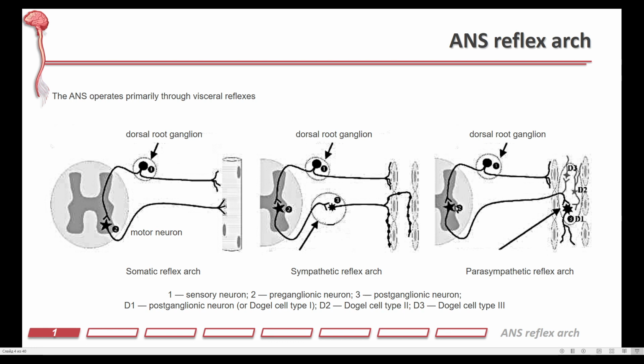In parasympathetic, as you can see, you have rather long preganglionic fibers, then the neuron is located within the wall of the organ and very short postganglionic fibers. So that's how the autonomic reflex arc looks. It has 3 neurons if you count the sensory one, or you can say it has 2 neurons if you are talking only about the efferent pathways.